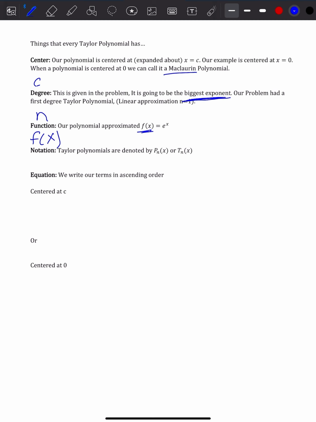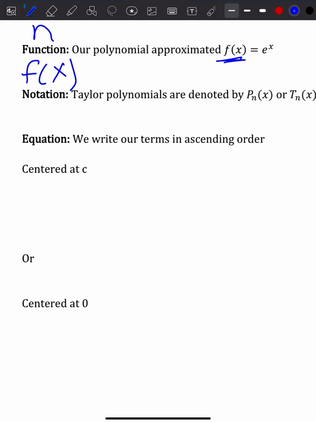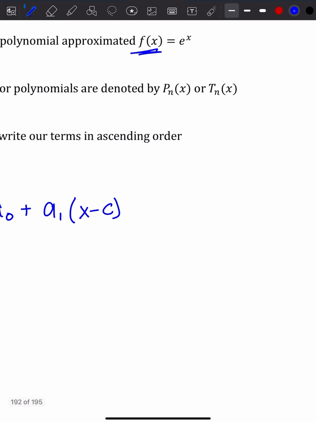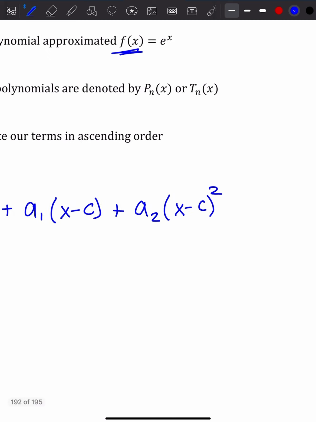So the opposite of what we're used to, we want to start with a non-x value and then work our way up. So if we are centered at c, we might have P sub n of x is equal to our first term plus our second term times x minus c plus a sub 2, which would technically be our third term, times x minus c squared.